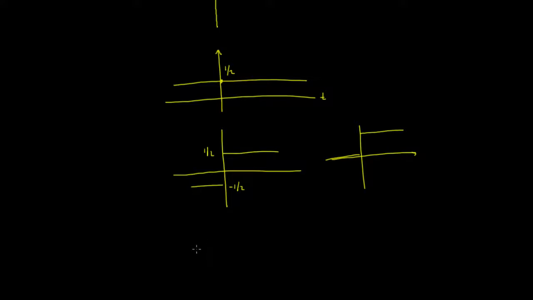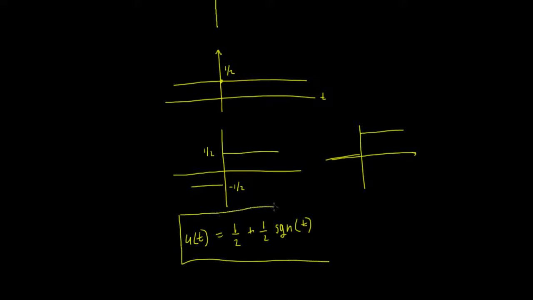So we say u of t equals a half plus a half sgn of t, SGN for short. That's signum, which we're going to have a look at just now, and we're going to be using that in order to work our way back and find this Fourier transform.